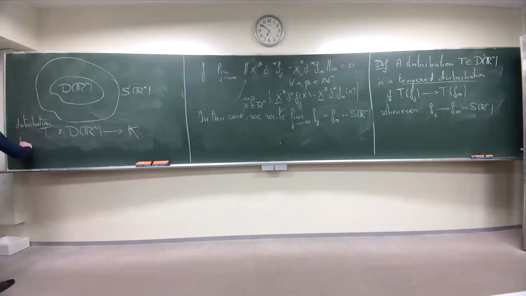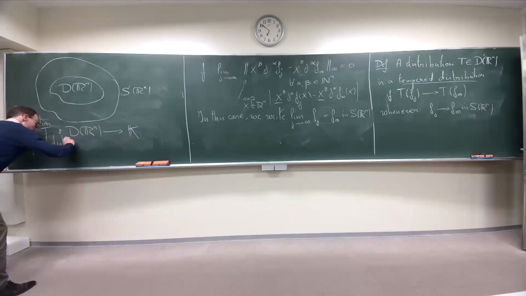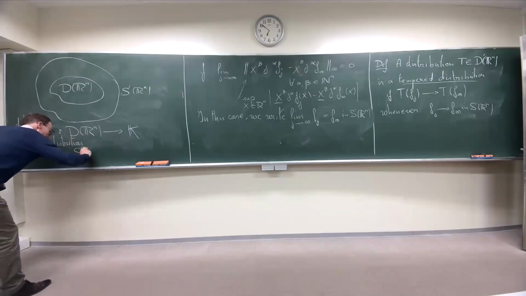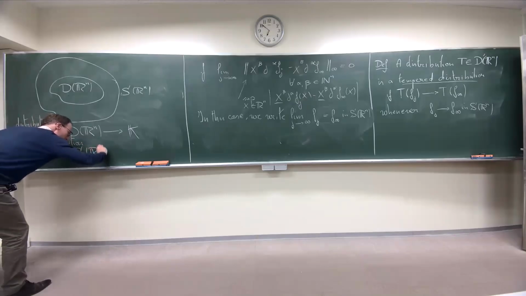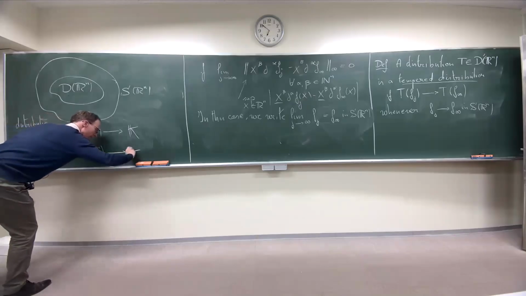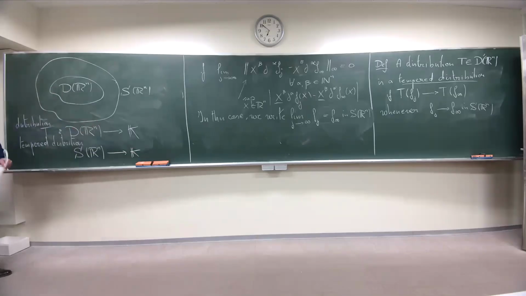And now a tempered distribution goes from the set of Schwarz functions to K. So which one gives you more constraints?